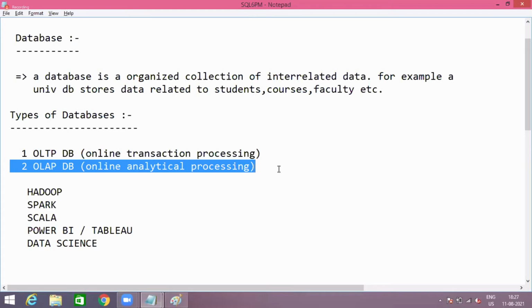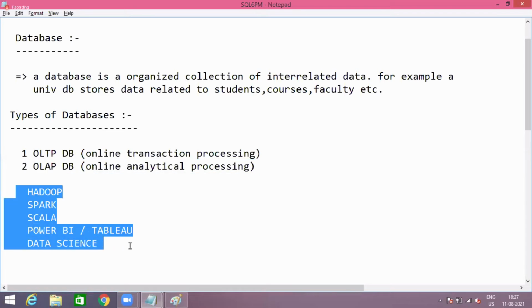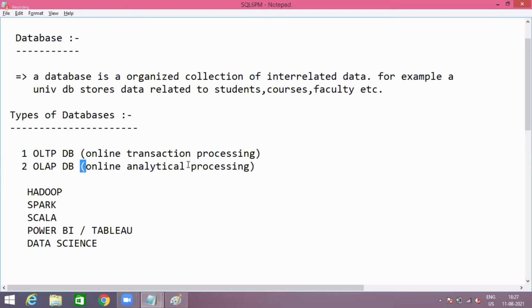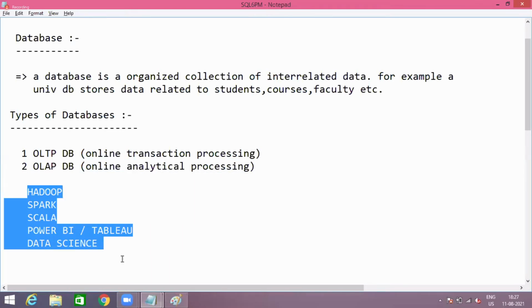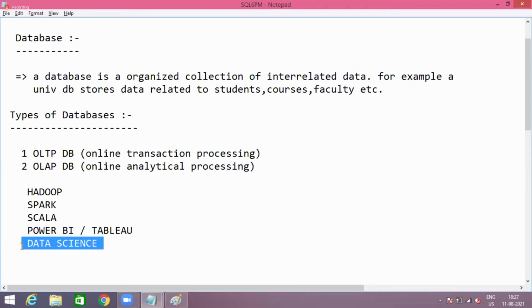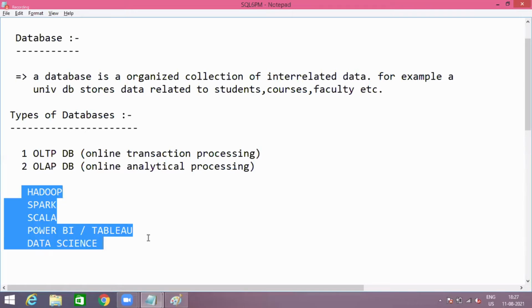But when we can use SQL Server for analysis, why did the industry introduce these tools? The reason is SQL Server is best for analyzing structured data, but these tools are good for analyzing unstructured data.